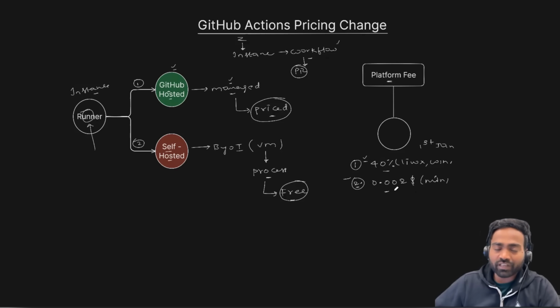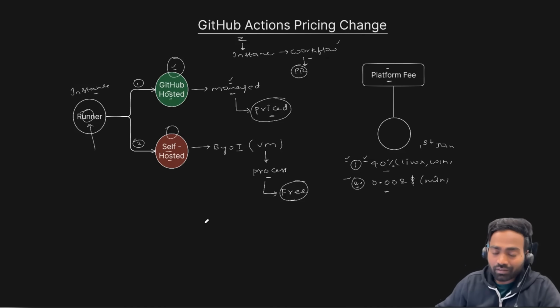Now, this platform fee is applicable for both GitHub hosted runners and self-hosted runners, right? Point one is only applicable for GitHub hosted runners, but point two, 0.002 US dollars of platform fee is applicable for both GitHub hosted as well as self-hosted.